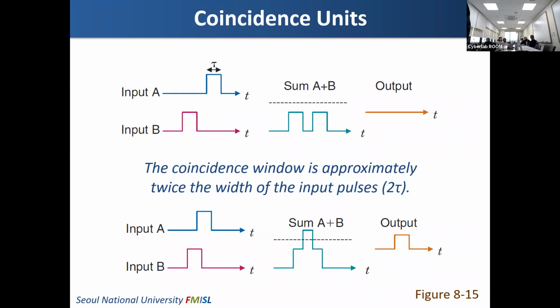But if my system has very bad time resolution, it is very hard to say whether this is a coincidence event or not. If we have very bad time resolution, the width of this rectangular pulse should be wider because there is uncertainty.